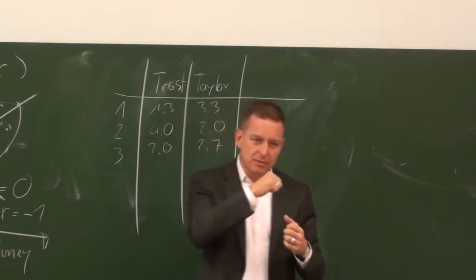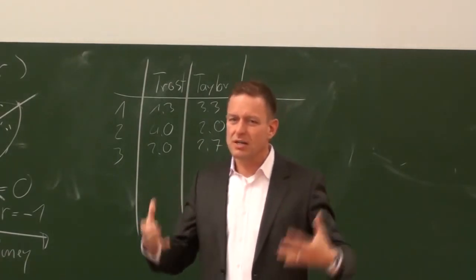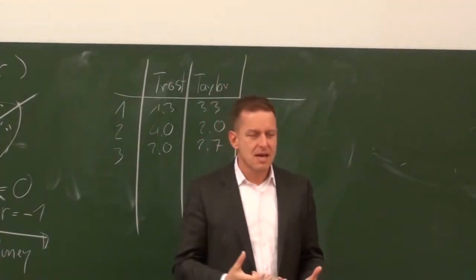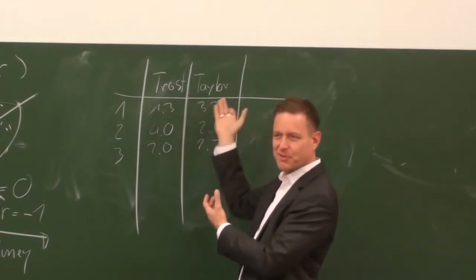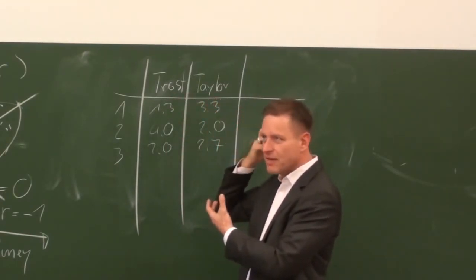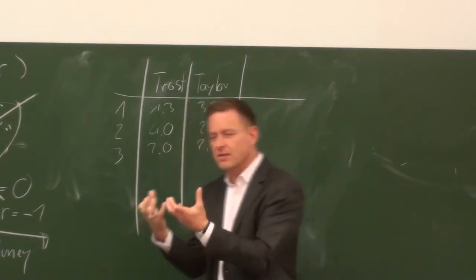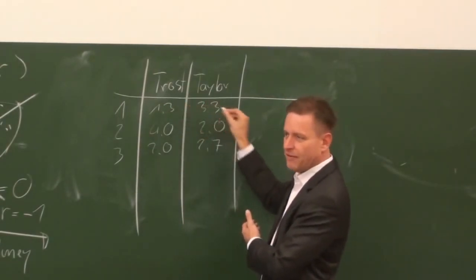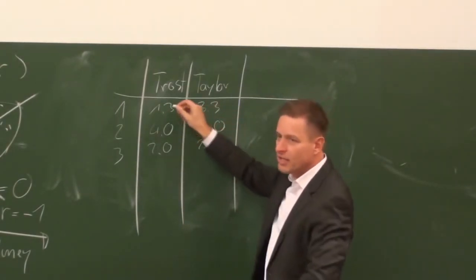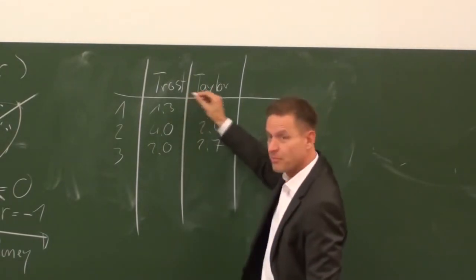So whenever this happens, we can say that there is a lot of what we call subjectivity. These two professors are really subjective. They use their own frame of reference. So that would mean that the result we have here is not only about the students' capabilities, it's about the professors.